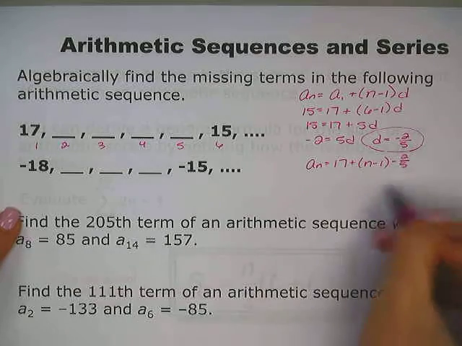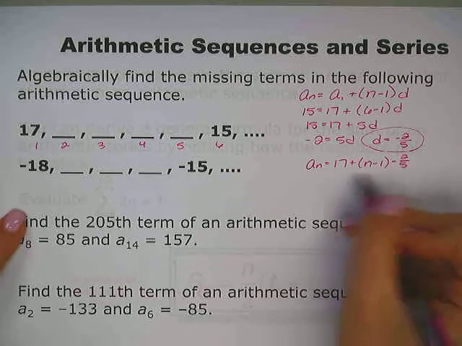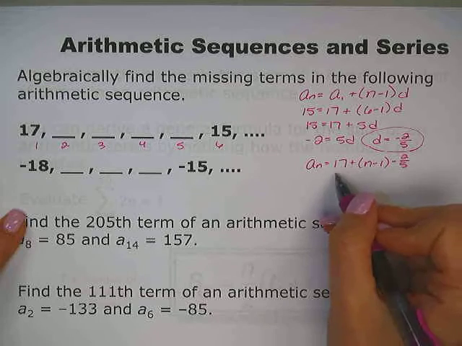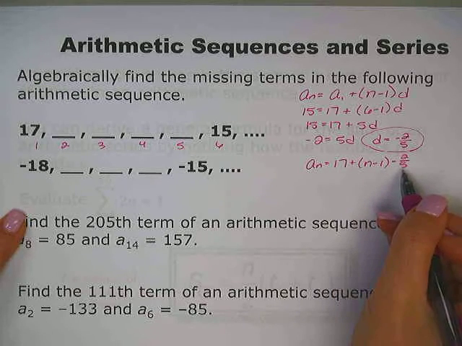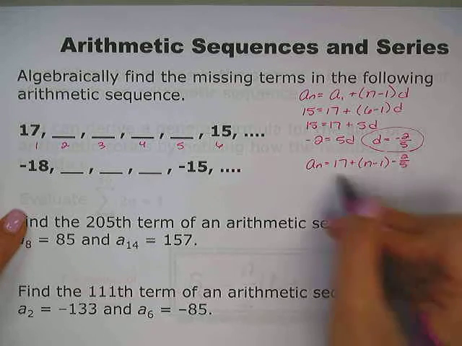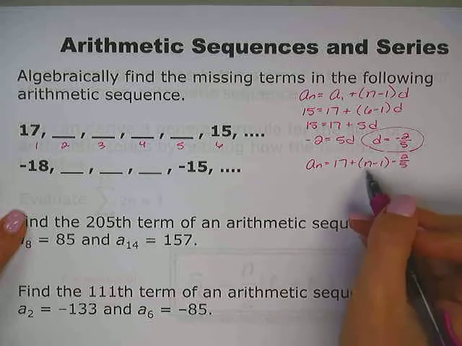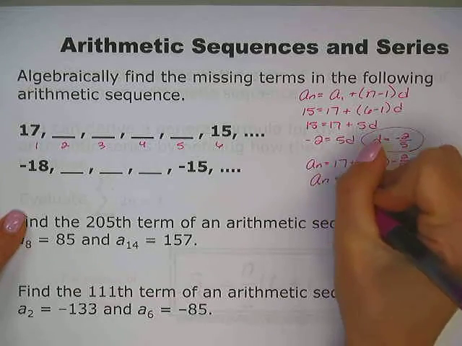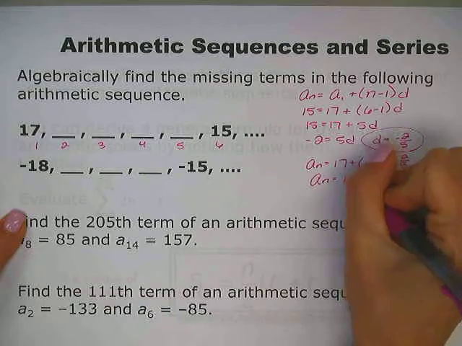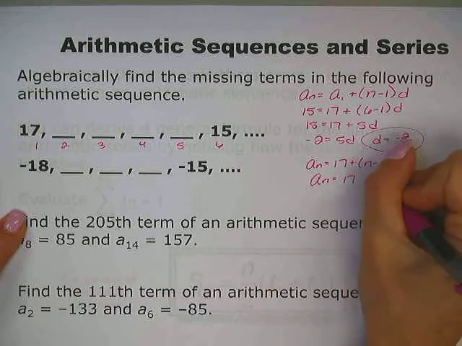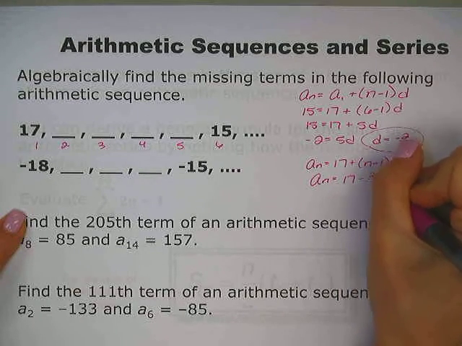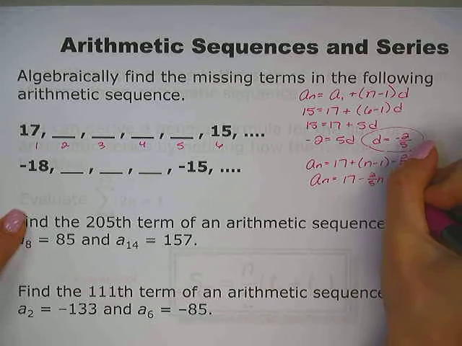So there's my explicit rule. Now, again, on the quiz, some of you guys did not simplify this. I always want to simplify this. So I'm going to go ahead and simplify this out. Let's see what I get. I get a sub n equals 17. Let's distribute that -2/5 through. So -2/5 n and then +2/5.